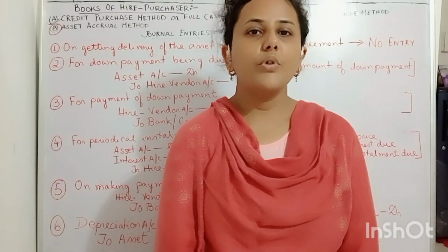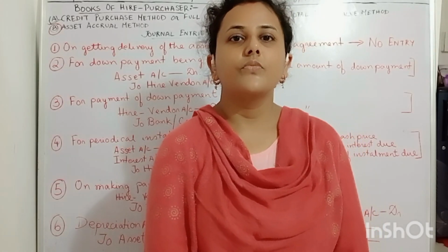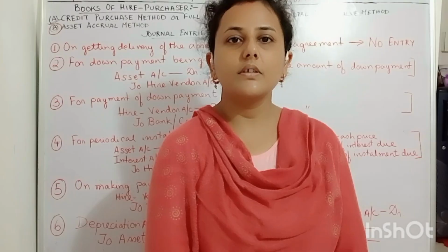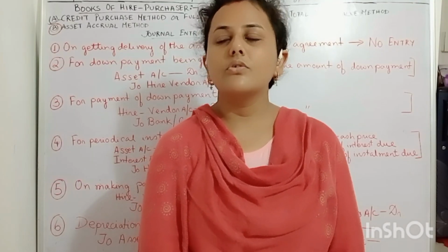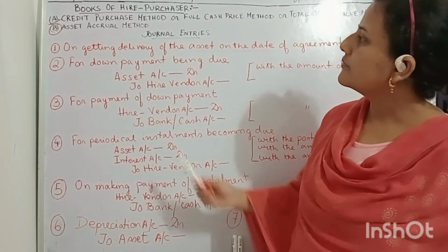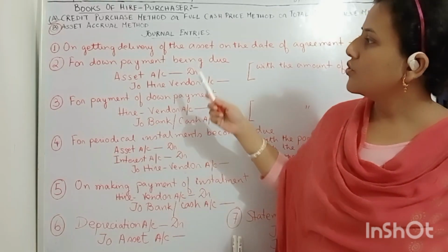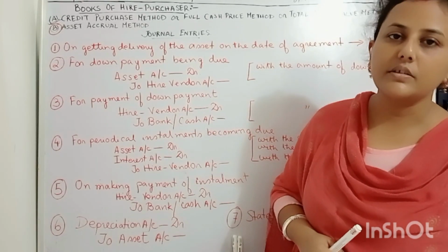So today I'm going to show you how to record transactions in the books of hire purchaser under asset accrual method. You just see the board. Asset accrual method. Under this method, the following journal entries are passed.